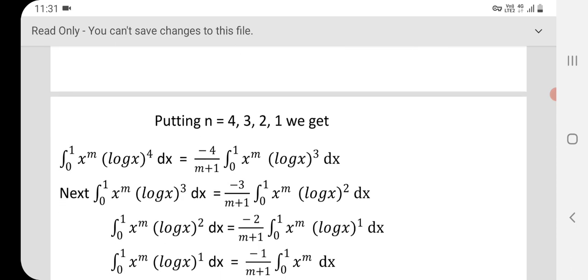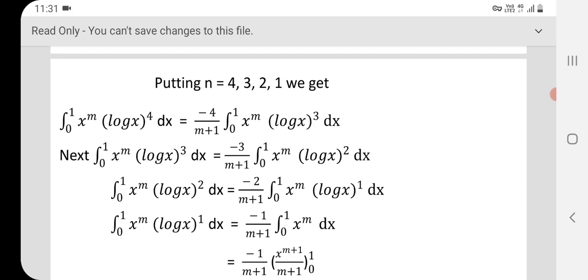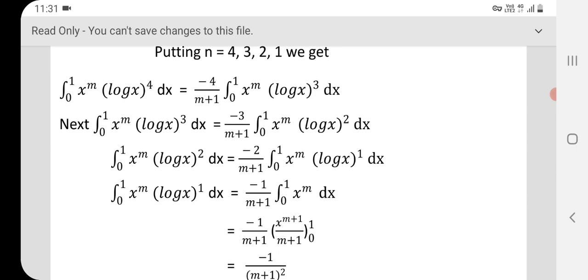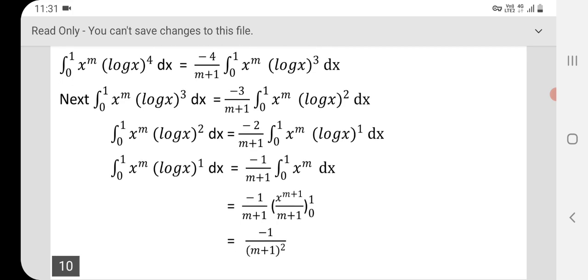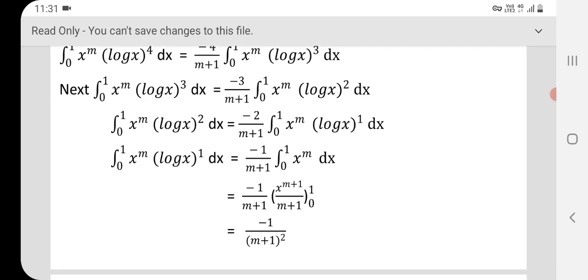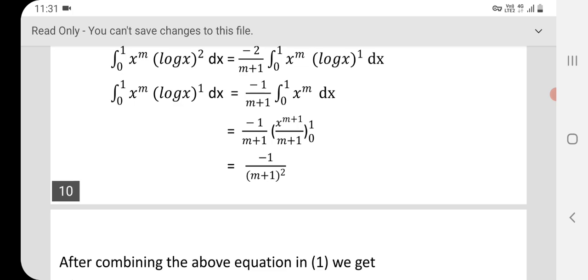Again n equals 2, we may get minus 2 by m plus 1 of the same integration. And n equals 1, you may get minus 1 by m plus 1 integration 0 to 1 x power m and log of x to the power of 0, that becomes 1. Therefore integration of x power m, that is x power m plus 1 by m plus 1, the limit 0 to 1, becomes 1 by m plus 1 whole square.